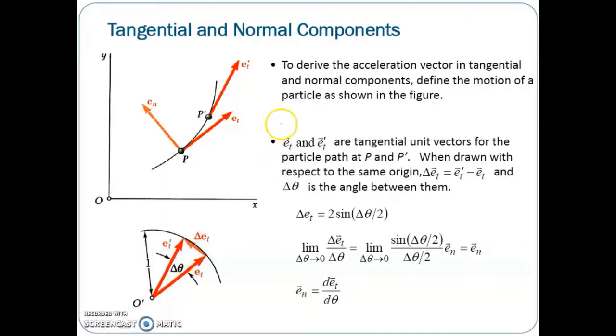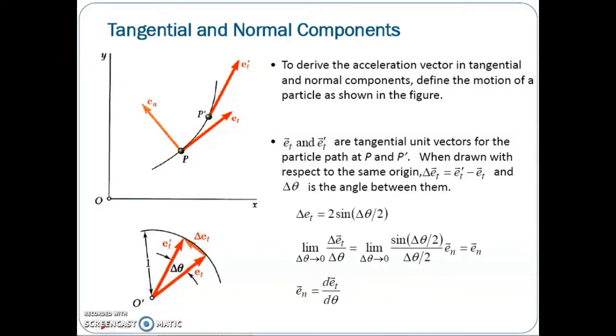First, we have to define the motion of our particle as shown in the figure here. P is the position of the particle at a given instant. So we will have the components in the tangential e_t and also e_n in the normal direction.